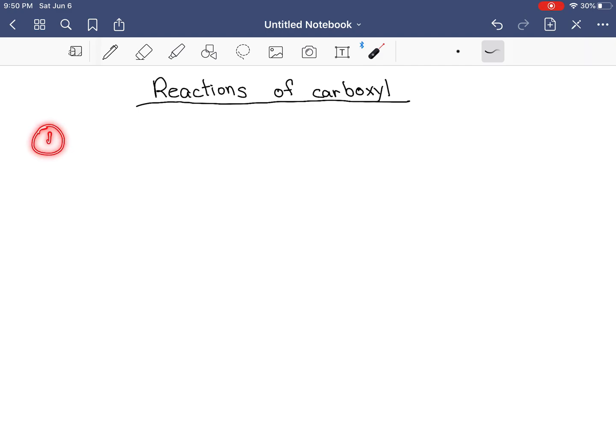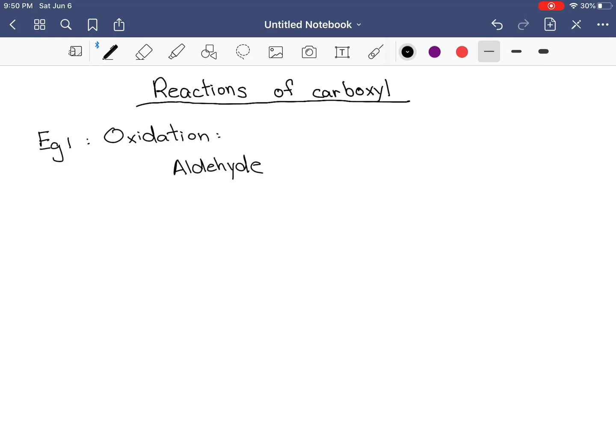So let's take a look at example 1. Again, this is another oxidation reaction. What are we oxidizing this time? Well, remember the aldehyde that we saw yesterday? We're going to oxidize the aldehyde.